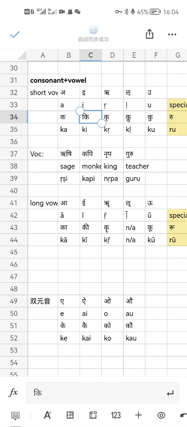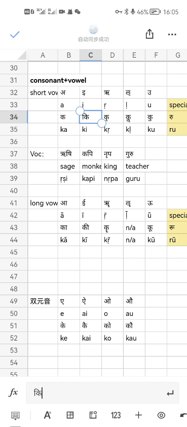First we know that in the Devanagari alphabet, the a sound is already included. So this one is ka, ka. And for the pure consonant k and i put together, it's written like this.